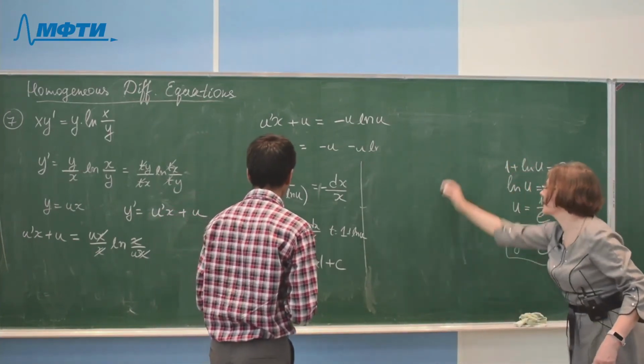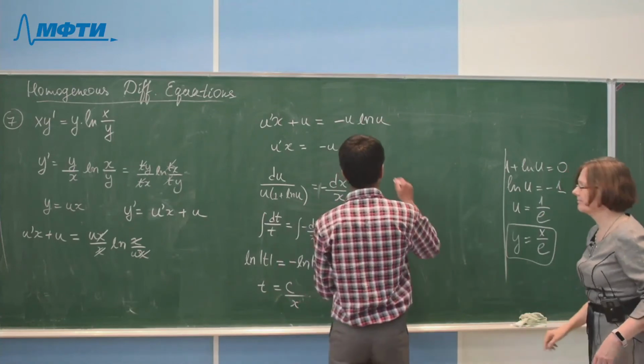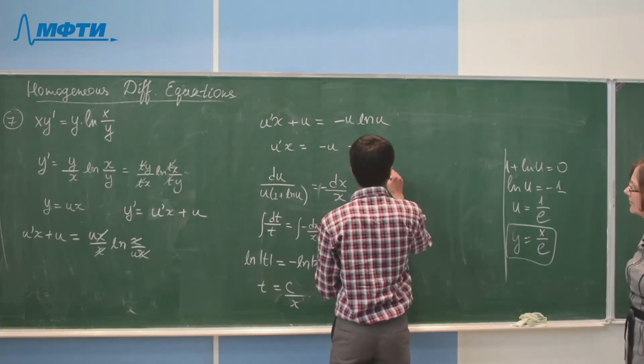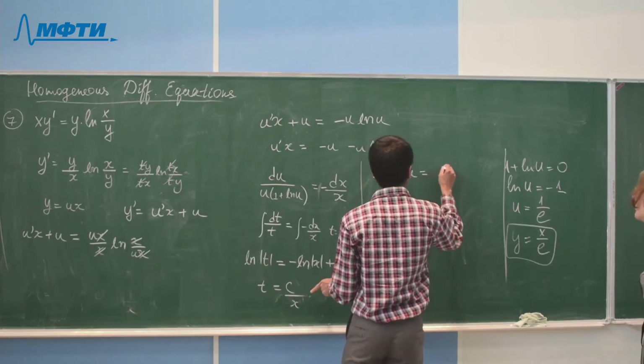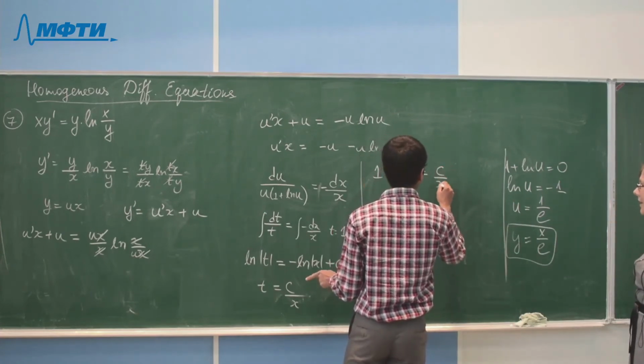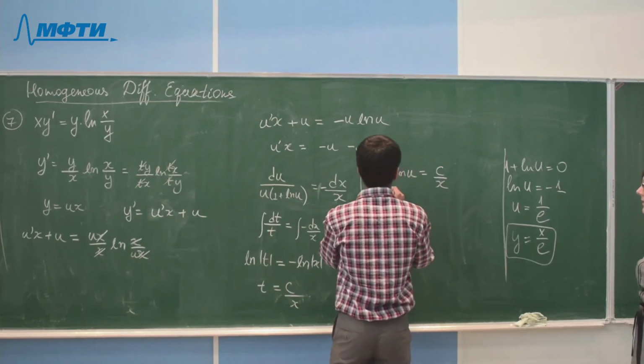Now t is 1 plus ln u, which is equal to c by x, to find out u.